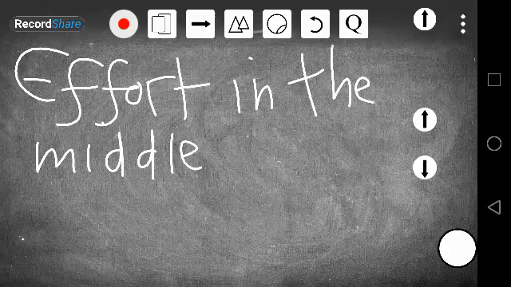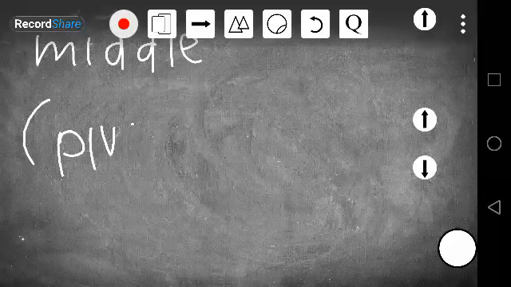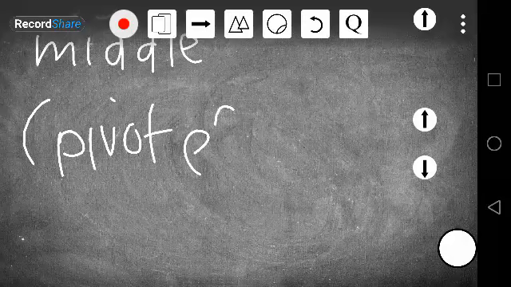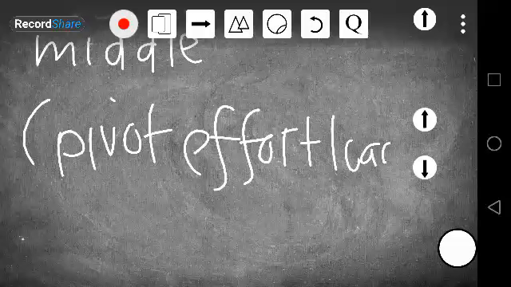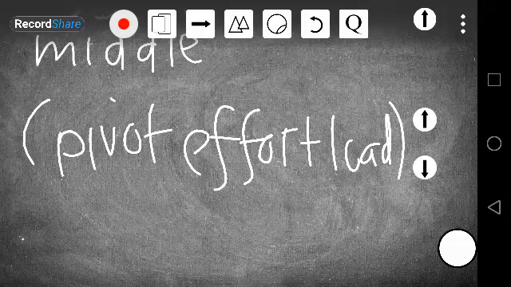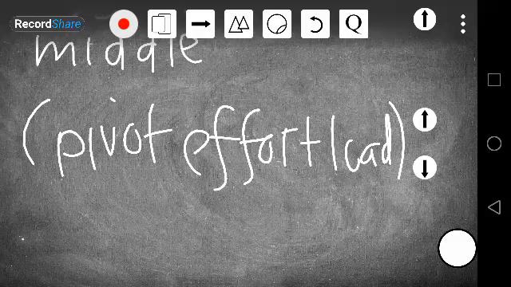So let me draw a bracket: pivot, effort, load. Pivot, effort, then load. So we have got pivot, then we have effort and load at the end.